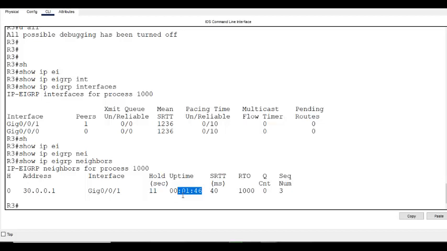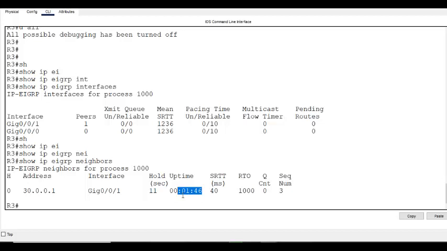You know how it does? You see this hold time. Wait. You see? After 10, it went to 13. Carefully, watch again. 11, 10, 14. After 10, it goes to 14.